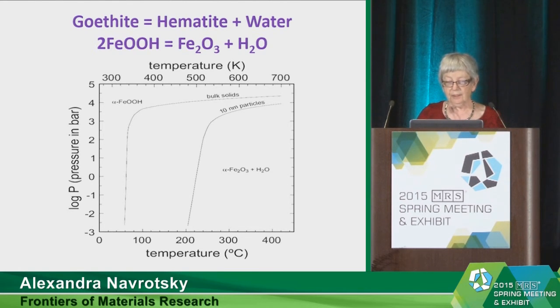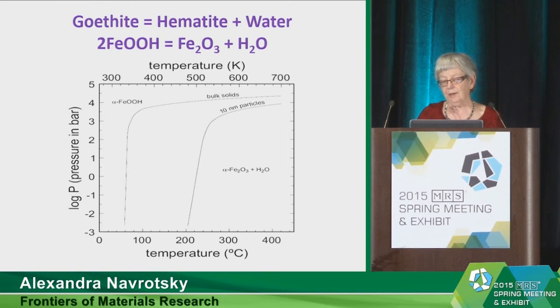So if one calculates the dehydration reaction at the bulk scale and at the nanoscale as a function of water fugacity, one gets a typical sigmoid curve, but that curve can be shifted by as much as 100 degrees centigrade, favoring the hydrated polymorph. This is important geochemically because there are environments in which hydrated iron oxides, hydrated aluminum hydroxides exist.